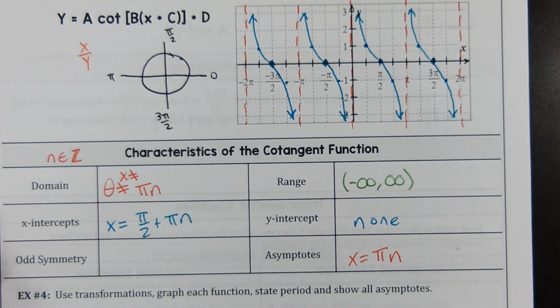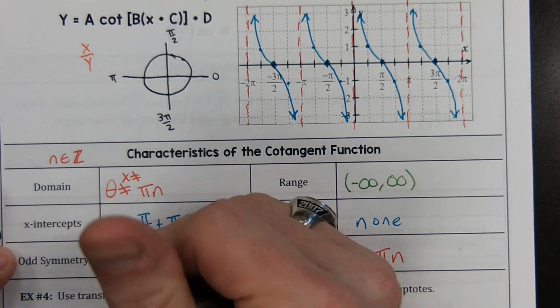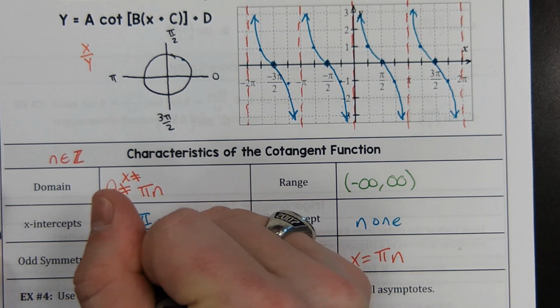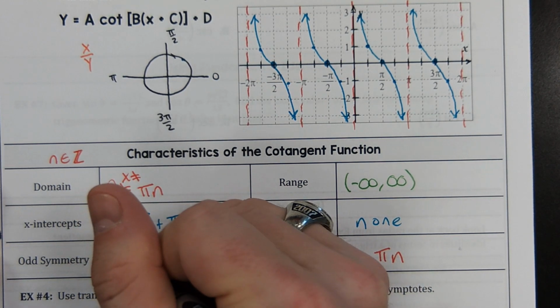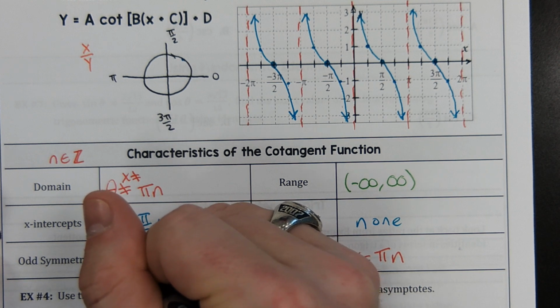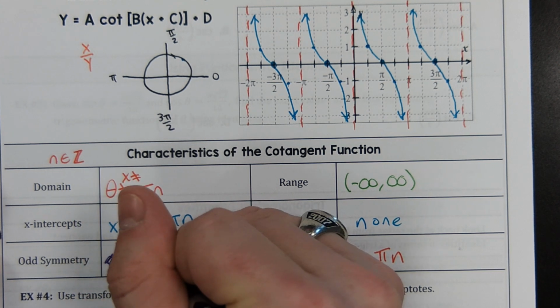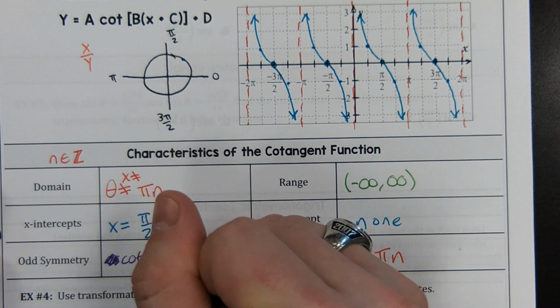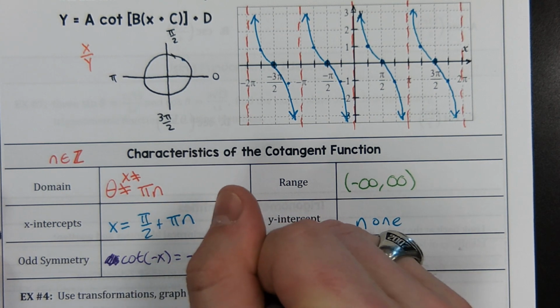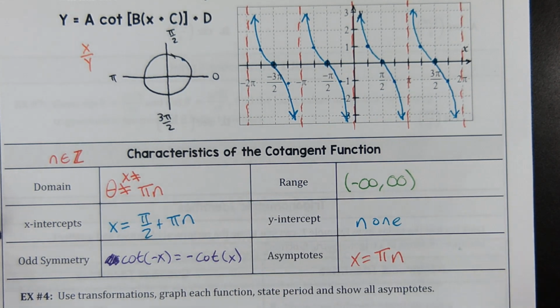It has odd symmetry. That means that cotangent of negative x is the same as negative cotangent of x.